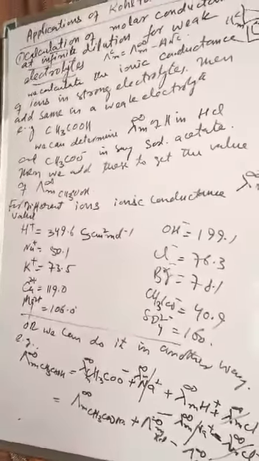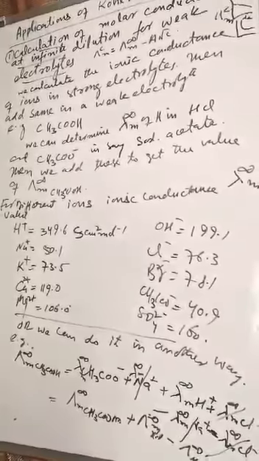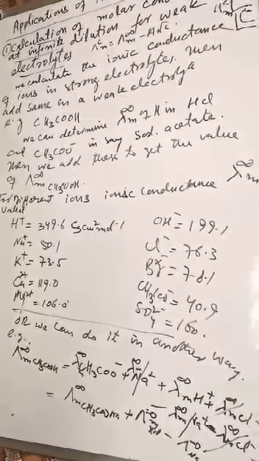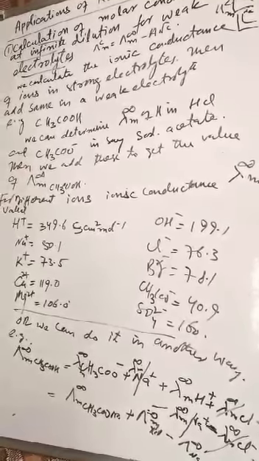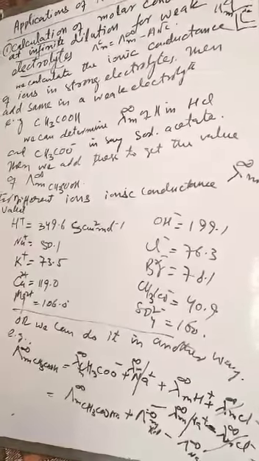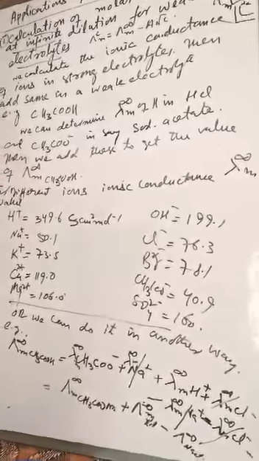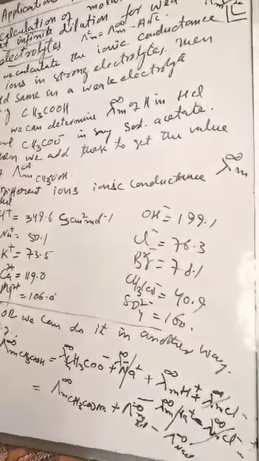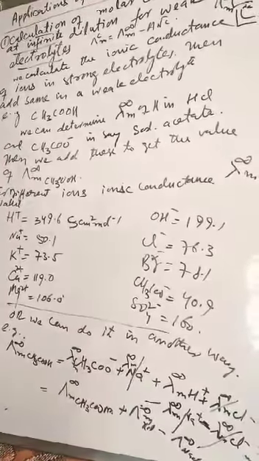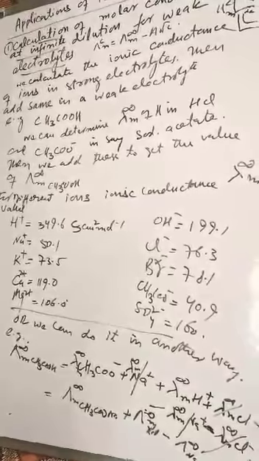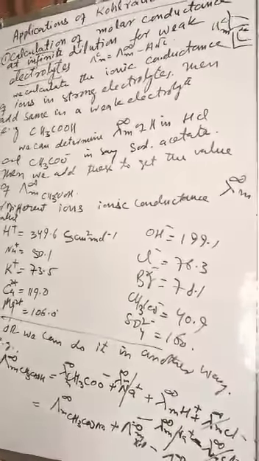So here, Kohlrausch said that the ions, whether it is a strong electrolyte or a weak electrolyte, contribute their conductance to the electrolyte to the full quantity. The crux of this is that the conductance of an electrolyte is basically the sum of the ionic conductances of its ions, cations and anions.